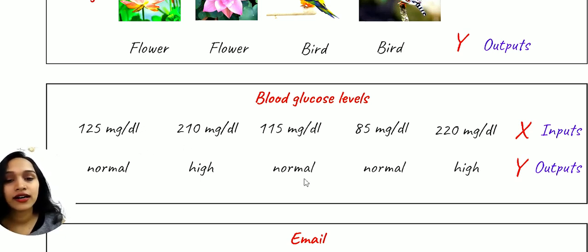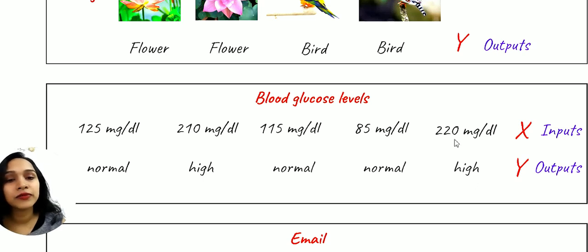Say if it is greater than 150 mg per deciliter, then that is a high value. So here we have different values of blood glucose levels, which are the inputs, which we represent using the letter X. And we have the labels corresponding to every value, whether it is a normal value or a high value. These labels, or outputs, are represented using Y.